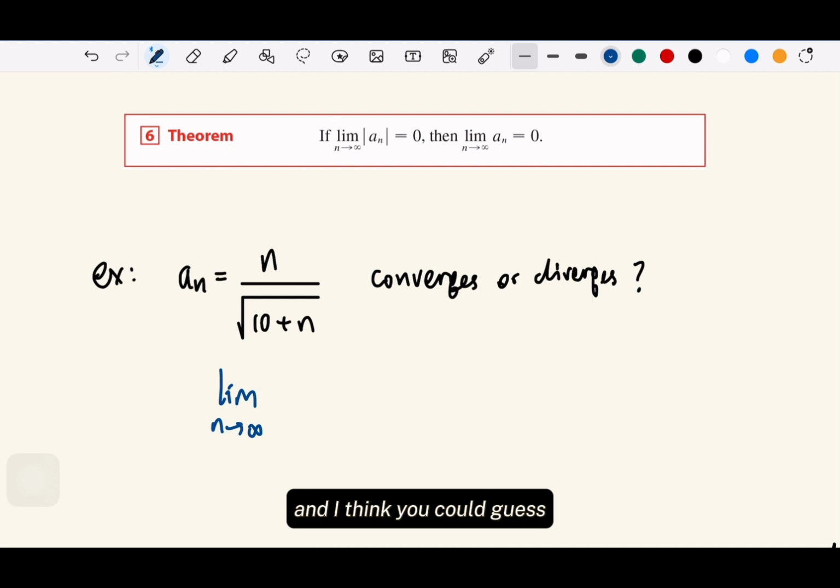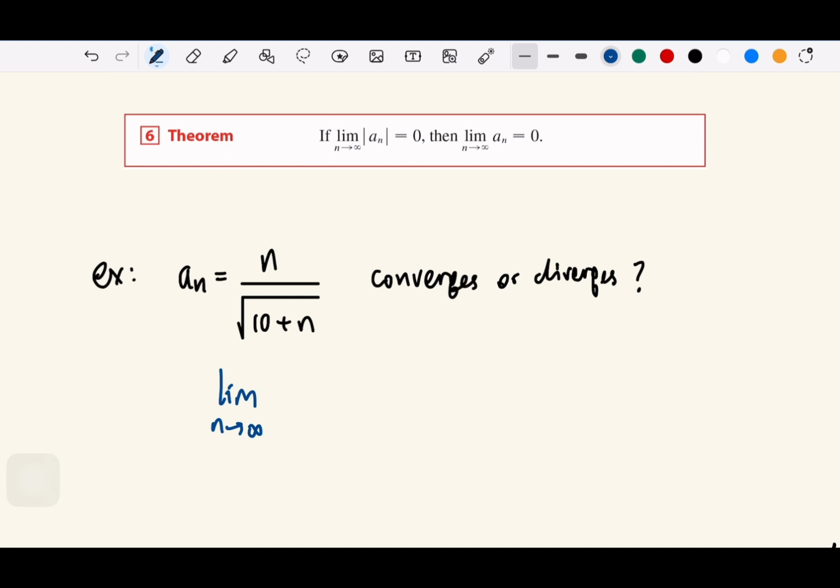And I think you could guess directly because we are using limits. What do you think, converge or diverge?